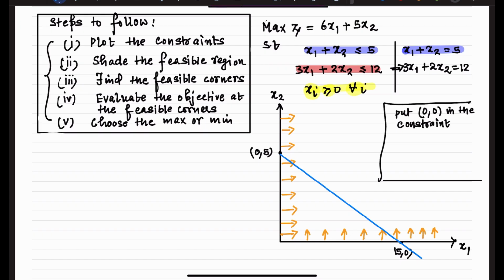Put 0 comma 0 in the constraint and see if 0 comma 0 satisfies the constraint.